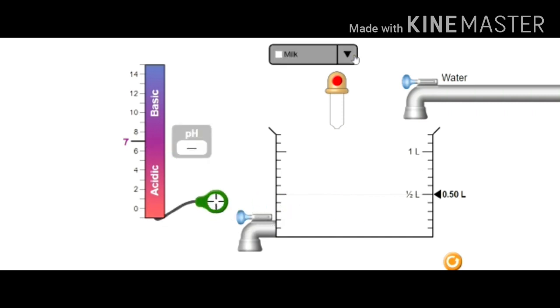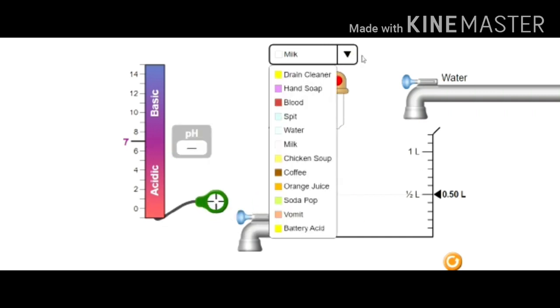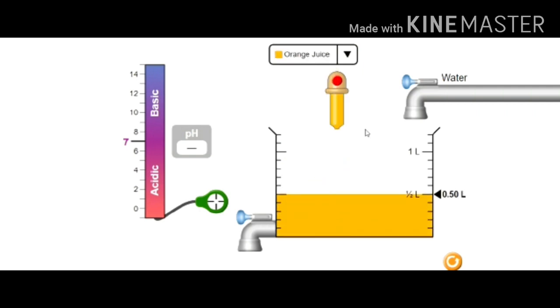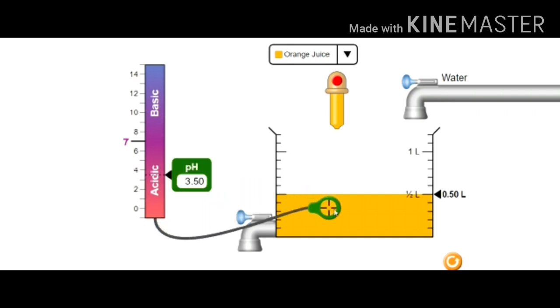Once again, in the list I am taking orange juice. I have taken orange juice here. Now I want to check whether the juice is acidic or basic, so I check the pH value. See, the pH value is 3.50.